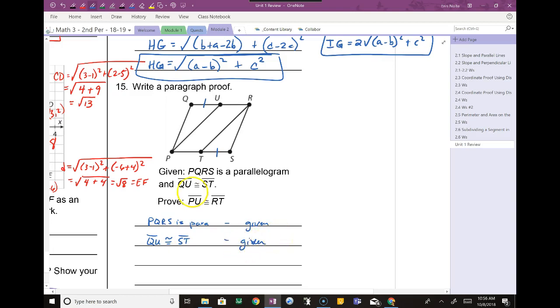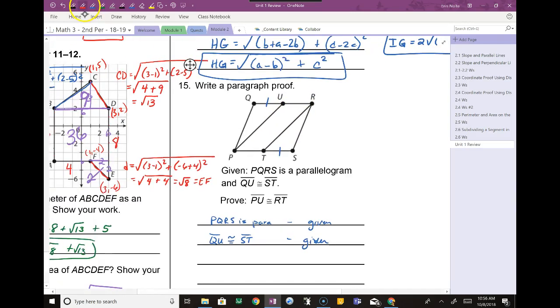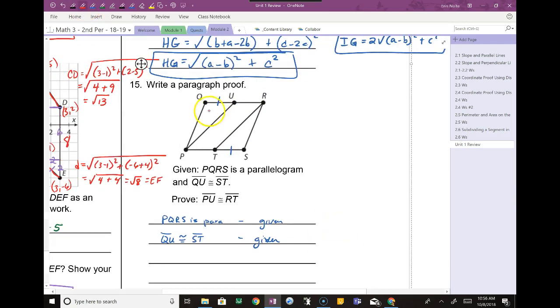Okay, so for us to prove that PU versus RT is congruent, what I'm going to do is break this into the idea of triangles. So if you can see this one versus this one, we're trying to prove first that those two triangles are congruent.